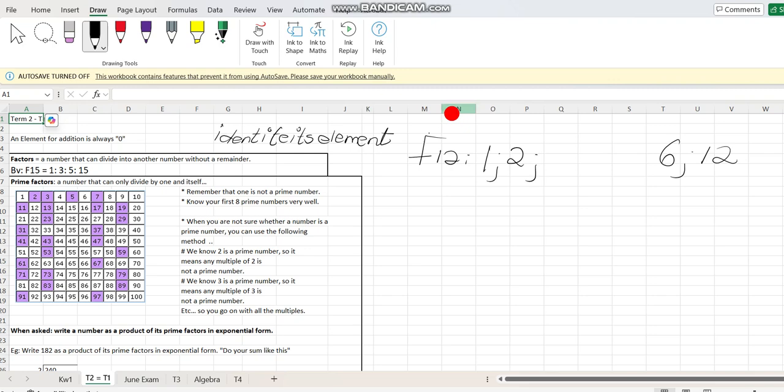Yes, you can. Can you do 3? Yes, you can. Can you do 4? Yes, you can. 5? No. So there's all your factors for 12. So if they ask you to work out your factors, work with 1 first, the number itself, half of that number, and then go do the rest.